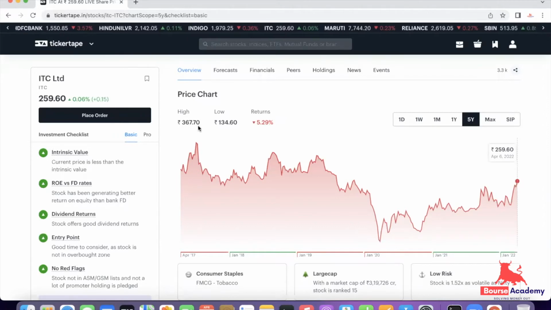So in the last 5 years the stock has given negative returns only. That is a bit shocking and surprising also. Five years ago, in 2017, the stock rate was 281, then again it moved to highs of 300, then again it fell down.